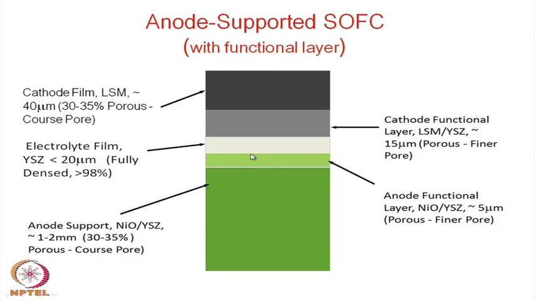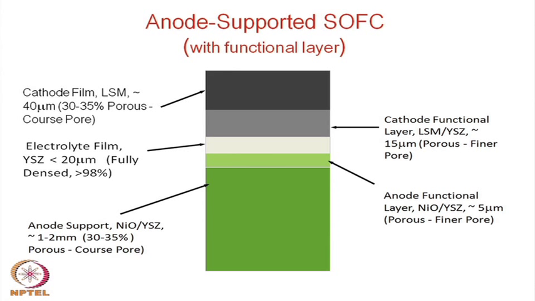Now, the advantage of this is to increase the current density. I mentioned earlier that we need a contact, what we call a triple phase boundary, that means a contact between the electrolyte, the anode and the gas phase. These must come in contact as much as possible.